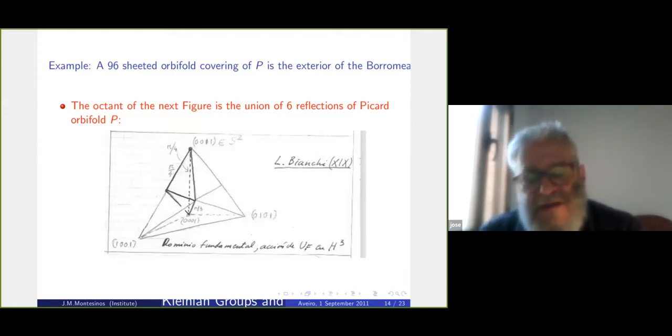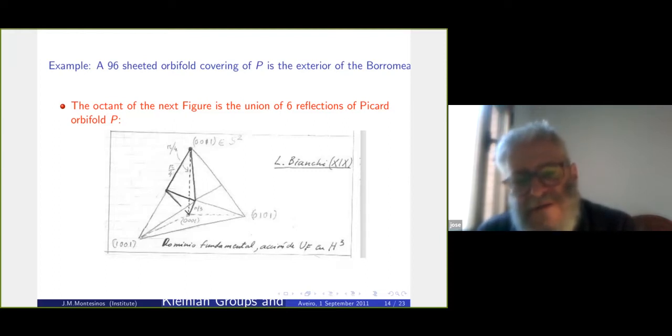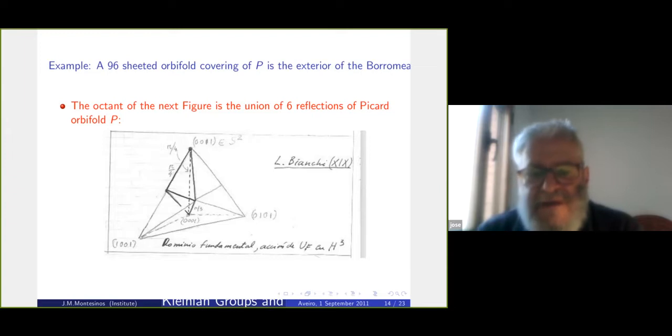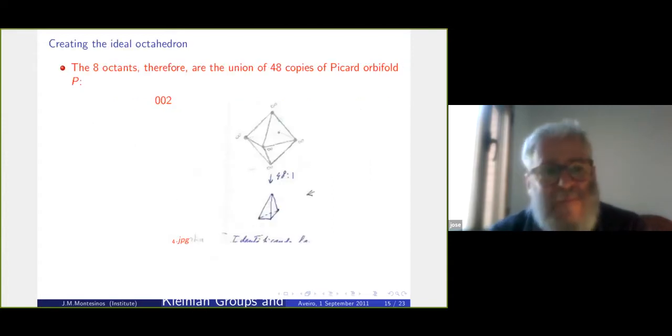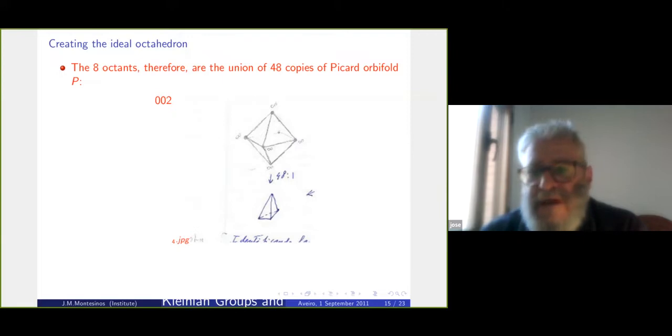Just consider this octant, composed by 6 reflections of the Picard orbifold. So you take the Picard orbifold and you make these reflections. You have 6 of these tetrahedra. And then with 8 octants of what I have just obtained, you get an octahedron.